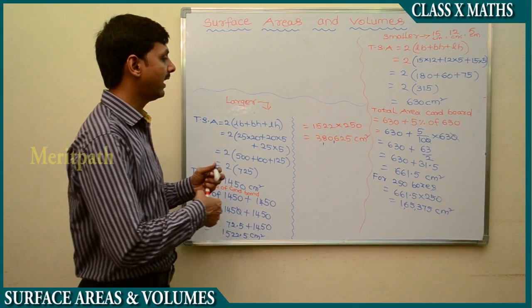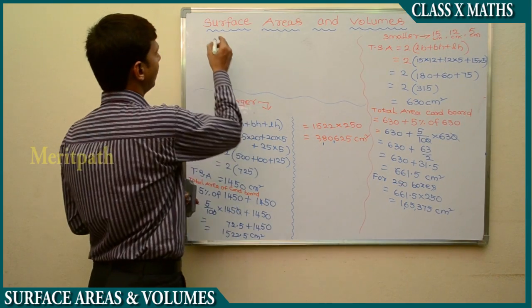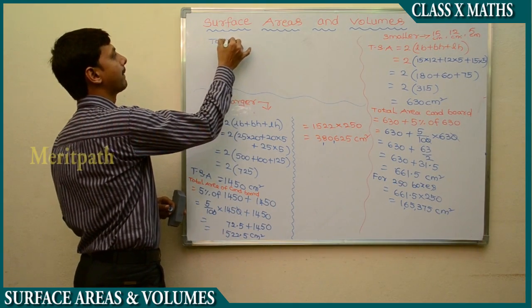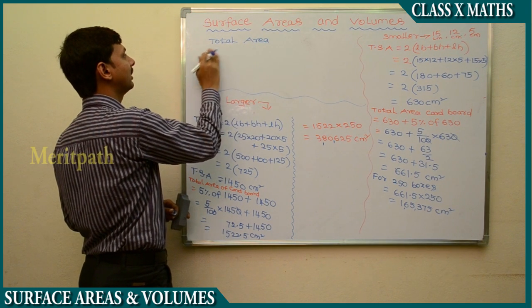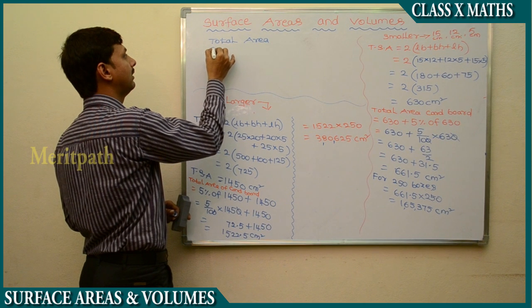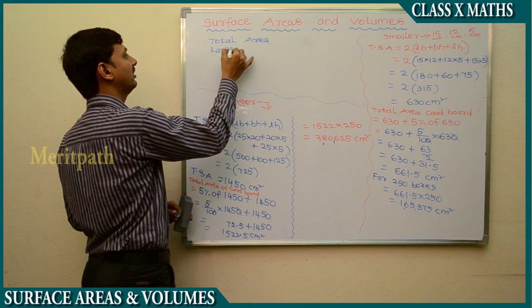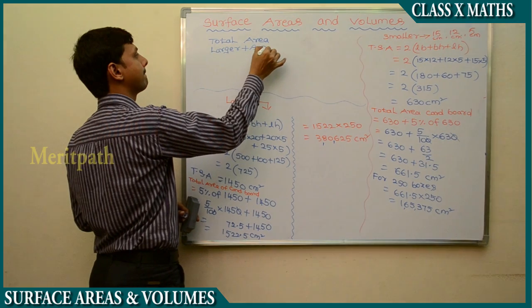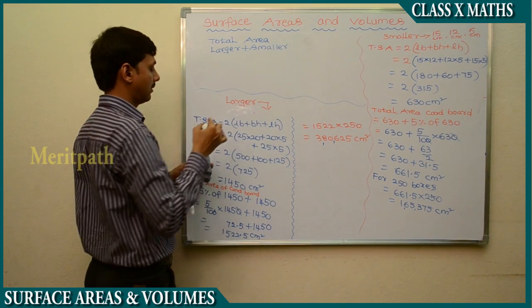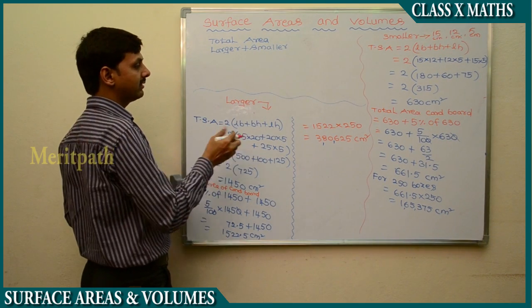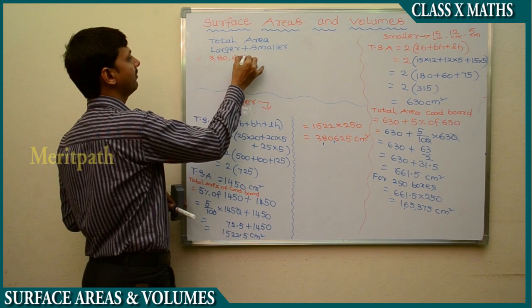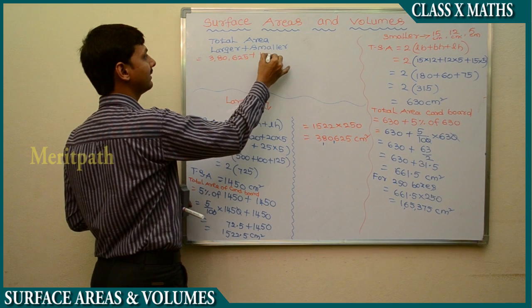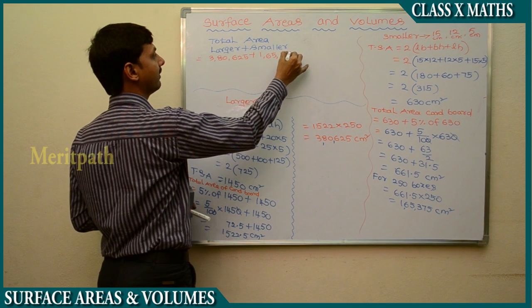So let us find out the total area required. This is smaller and larger boxes together. The larger is 3,80,625 plus 1,65,375.